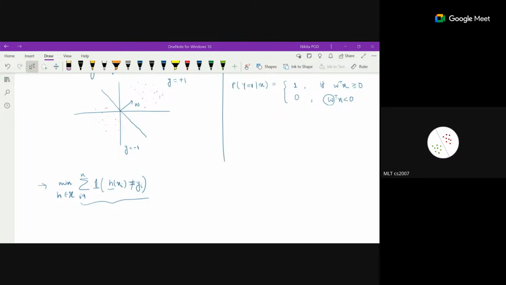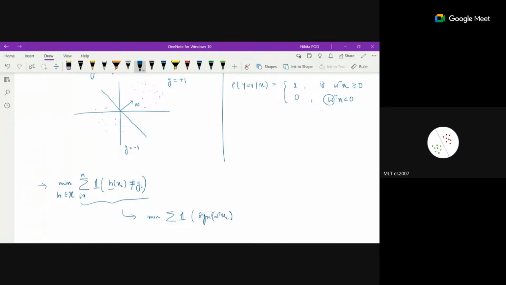So if I add the linear separability condition, then this will imply that the minimum of the sum over the indicator function, where my h of xi is just the sign of W transpose xi, is zero. If the sign of W transpose xi is exactly equal to yi, then there is no error.